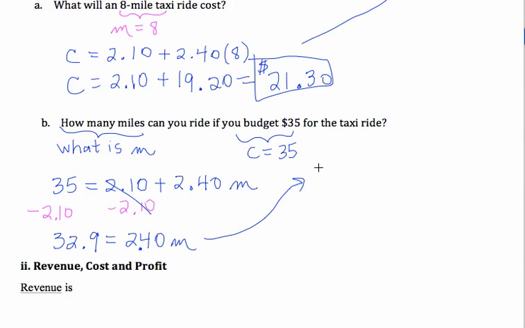Now we can divide both sides by 2.4. The 0 there really doesn't even matter. So 2.4 divided by 2.4. So we get M equals, now I'm flipping it, right? I'm putting the M over here on the left side just because it's typical to put the variable on the left at the end.